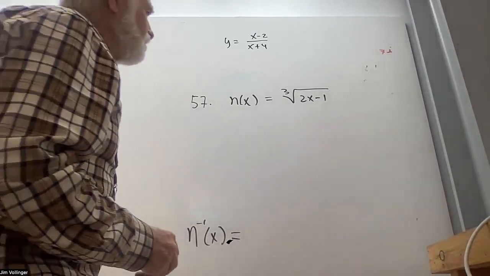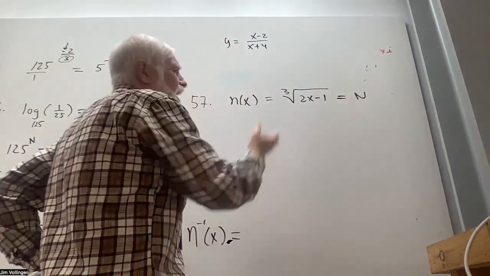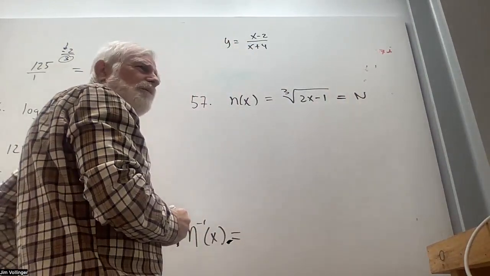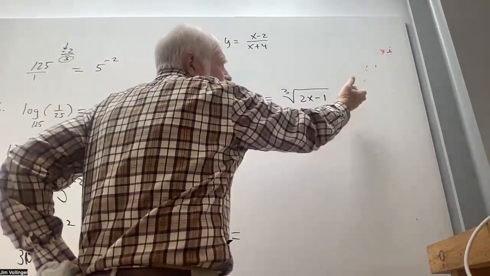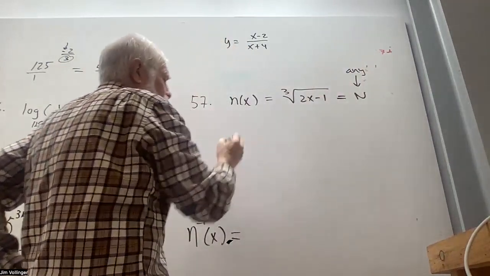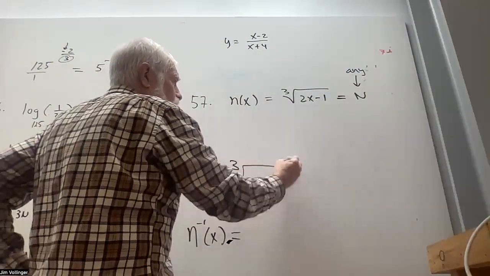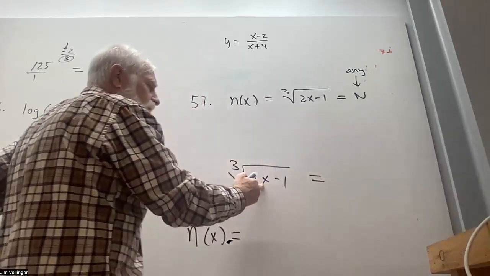I'm a big fan of pretending that this equals some number as an equation, because how do you solve one variable equations? Inverse operations. So if I look at how I would solve this for any number, let's do a number. 3 cube root of 2x minus 1 equals, let's put a number in here that's really nice.